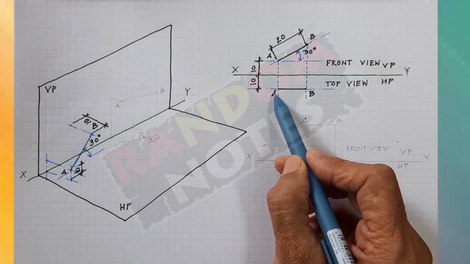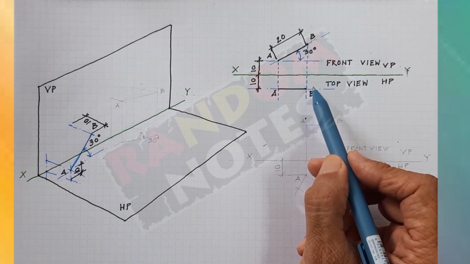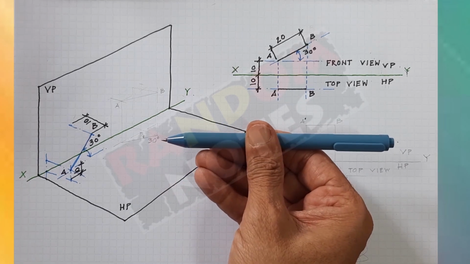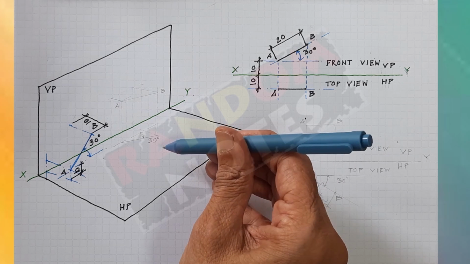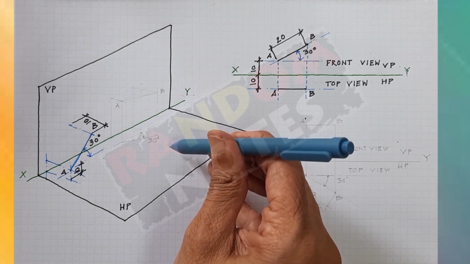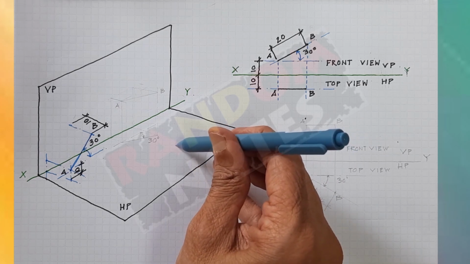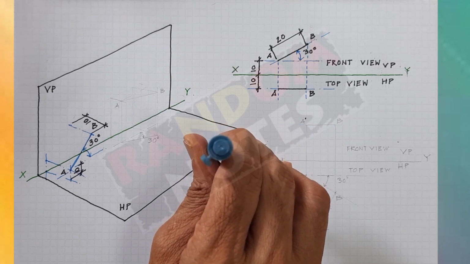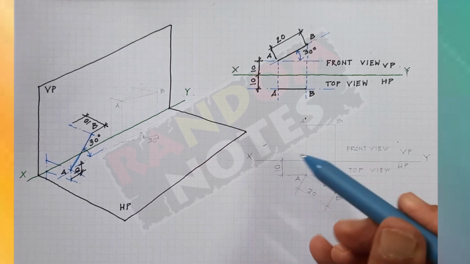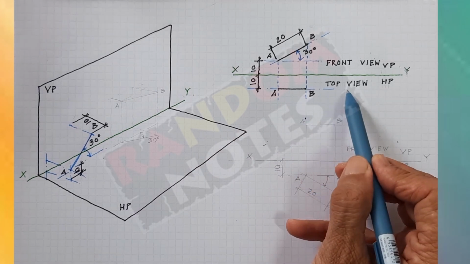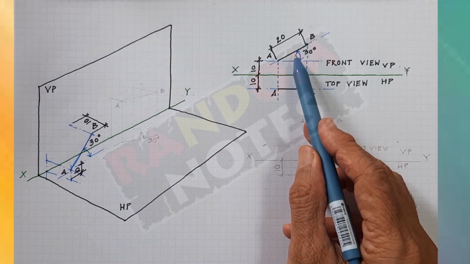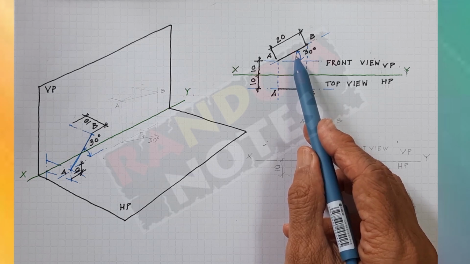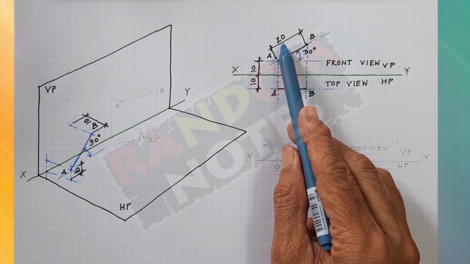Whereas line AB in plan is an inclined line, which means it is visible like this, and since now it has taken an angle, the length visible is shorter. If I overlap the two, then point AB would overlap like in the previous video. So we will not see the true length in the top view, we will see the true length only in the elevation. Therefore, the dimension of the line will be given only in the front view in this case.